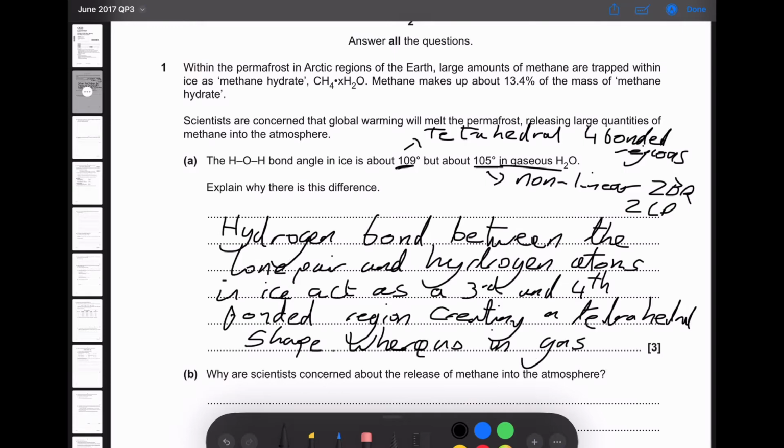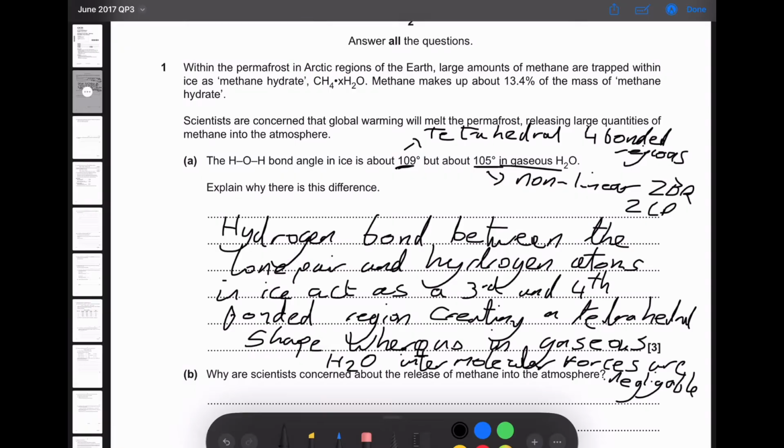Whereas in gaseous H2O, intermolecular forces are negligible. They really need to put more space on these.